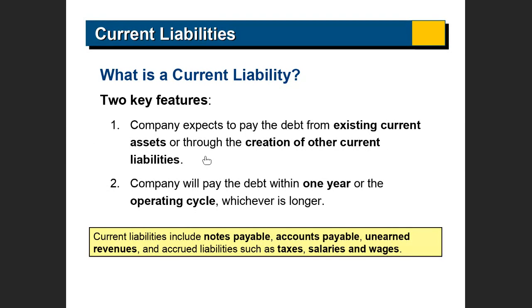A current liability is an obligation that the company has to fulfill, and it is reported in the current liability section if the obligation is going to be fulfilled within 1 year of the balance sheet date. It's 1 year or operating cycle, whichever is longer. So for most companies, the year is the operating cycle. Okay, they're the same.